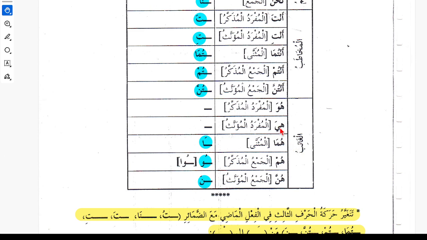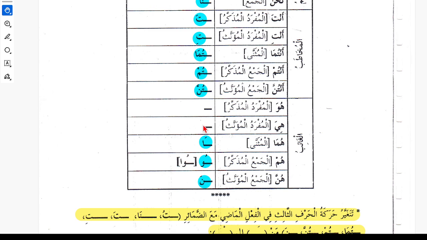Al-gha'ib here, which is the third person singular feminine, and then the dual. The pronoun for the dual is alif. So now I say huwa dakhala, hiya dakhalat.